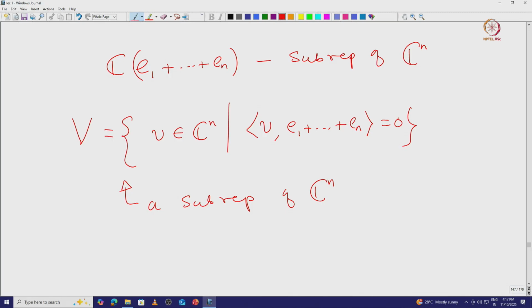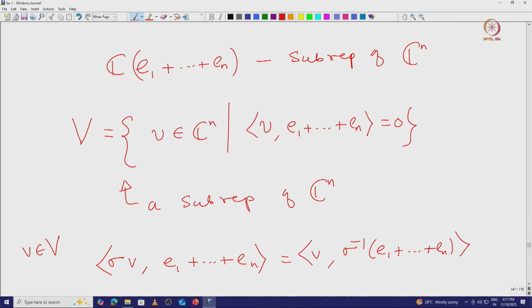So, note that if we start with v in V and compute the inner product of sigma v with E1 plus etc. plus En, this is going to be exactly equal to the inner product of v with sigma inverse of E1 plus etc. plus En.